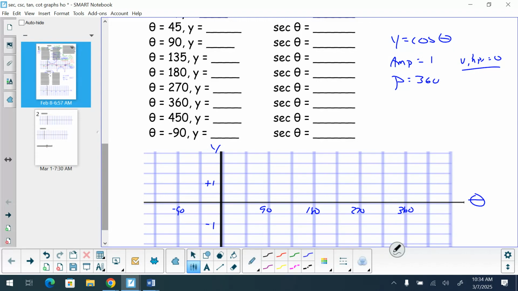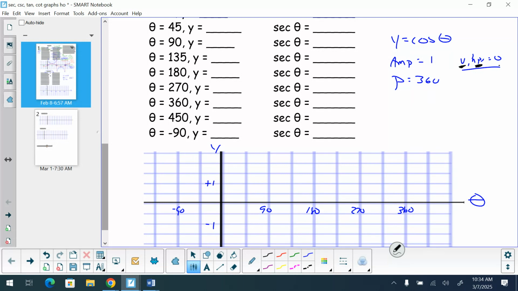And what we want to graph in here is y equals cosine of theta. Horizontal phase shift tells us our theta start value. We start at 0. Amplitude, since we're dealing with cosine, we start at our peaks and valleys.